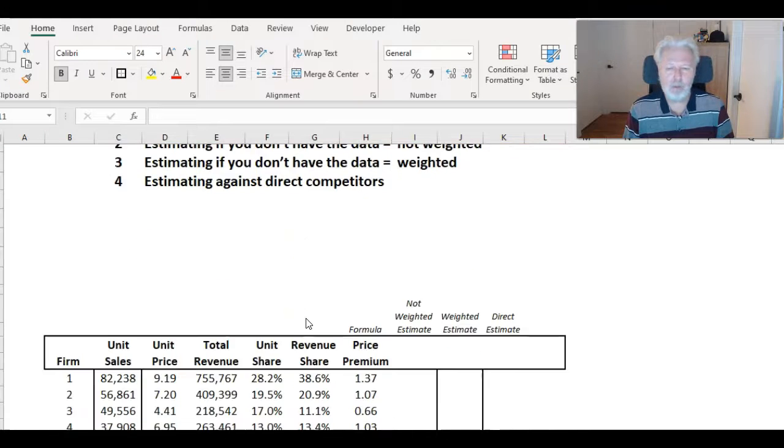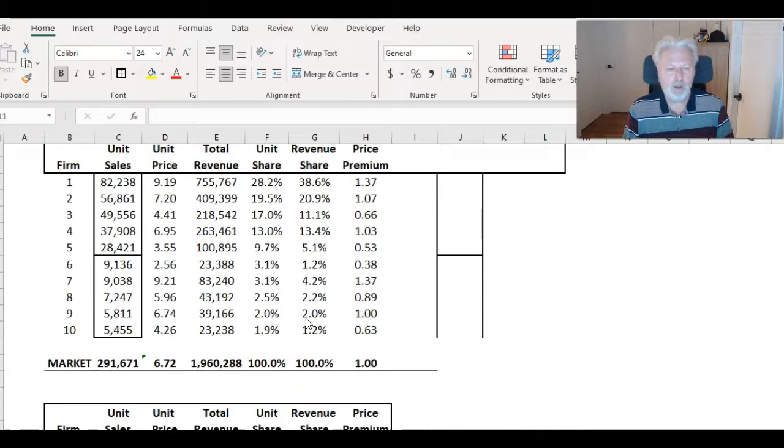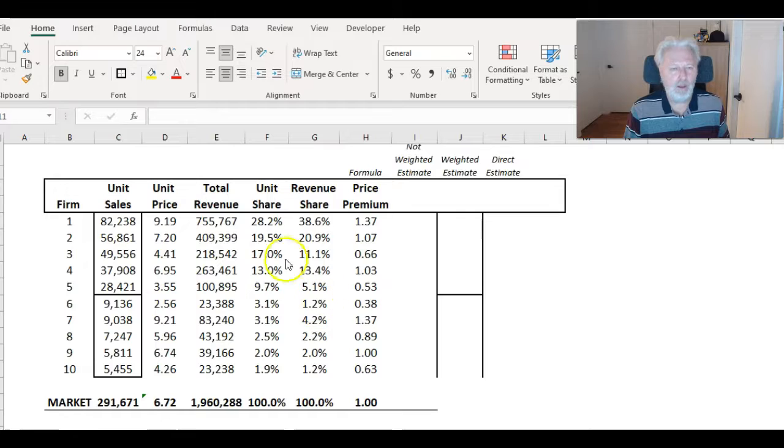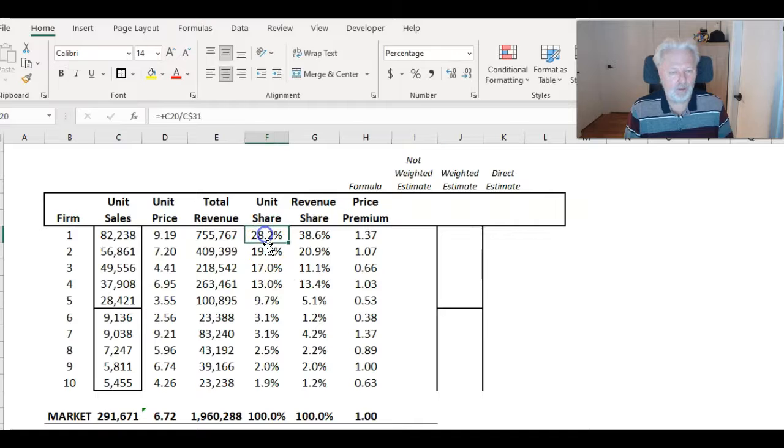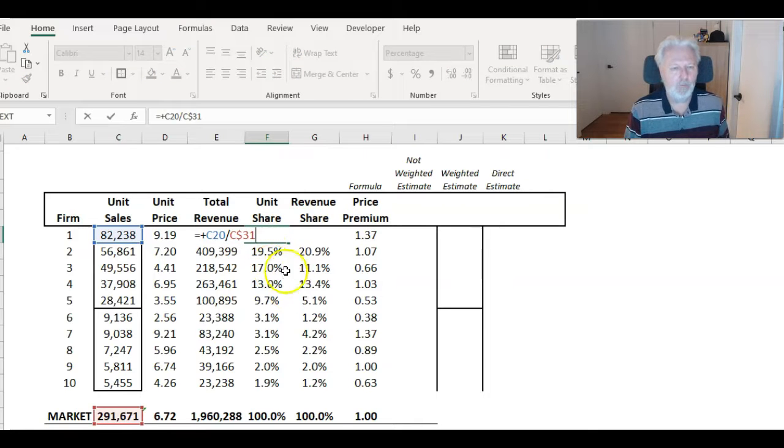I'm in Excel. I'm just moving down. Okay, and I've got some data here. Firms 1 to 10, I've got unit sales, prices, revenue shares, etc. Now, because I've calculated this, I'll just bring up the formula.